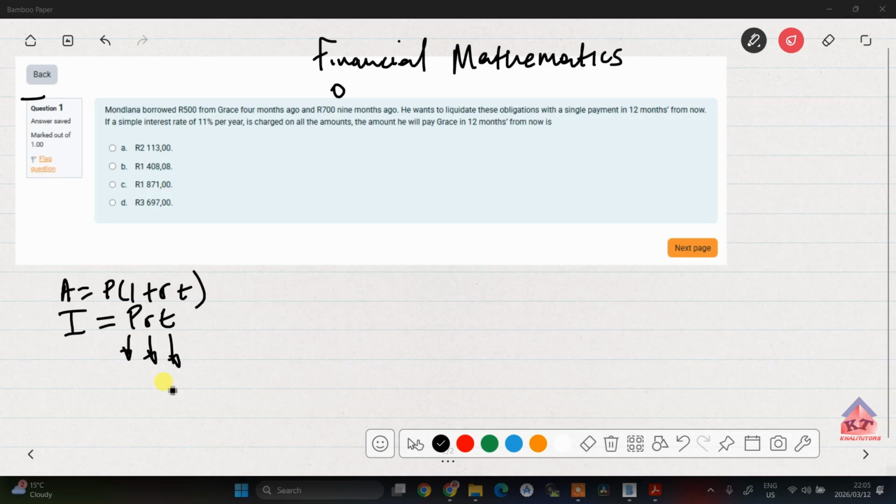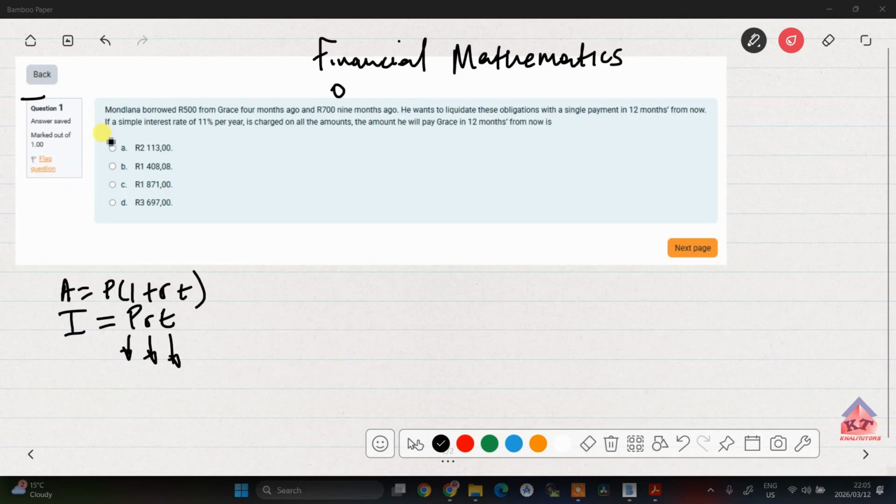If we are given days, we know that there are 365 days in a year and so on. So if we are given months, we need to convert to years in order to substitute back into this equation. If we are given days, we need to convert to years in order to use this equation. I think that is the only trick that you need to take into account.